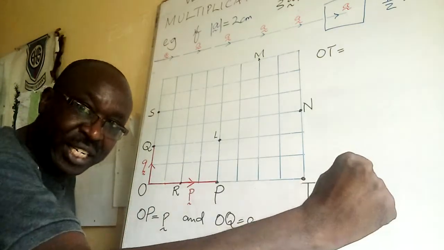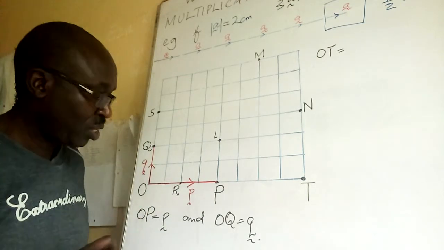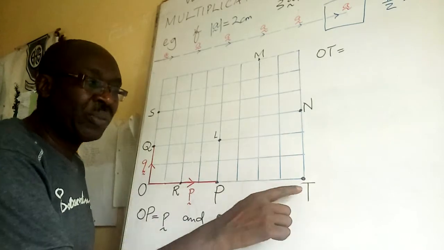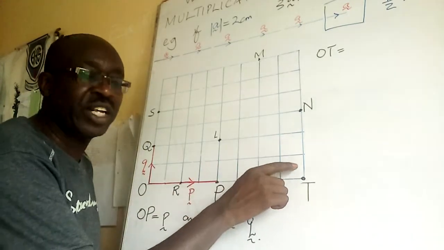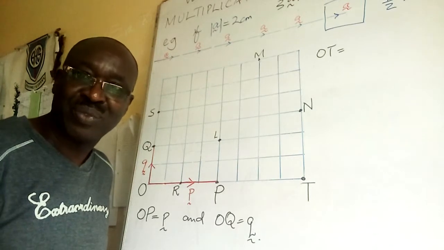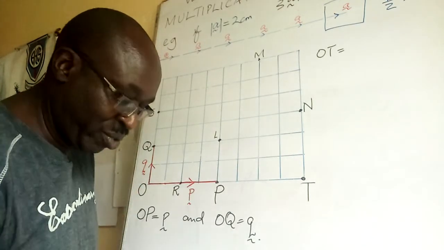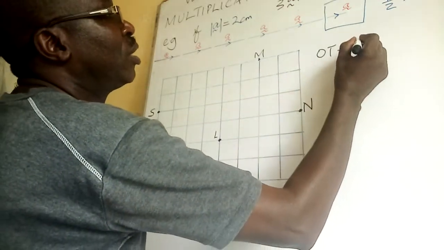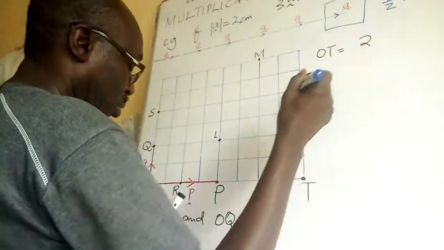If going right by 1, 2, 3, 4 steps is vector P, what about from here up to T, where you have 1, 2, 3, 4, 5, 6, 7, 8? Simple. That is the answer within a second. What do we write now, you boys? That will be 2P.